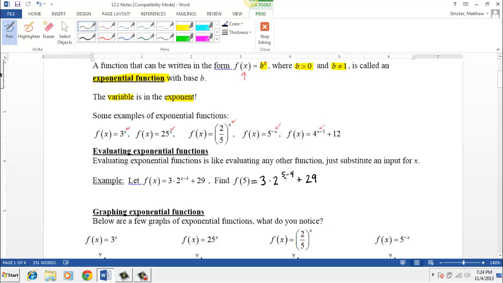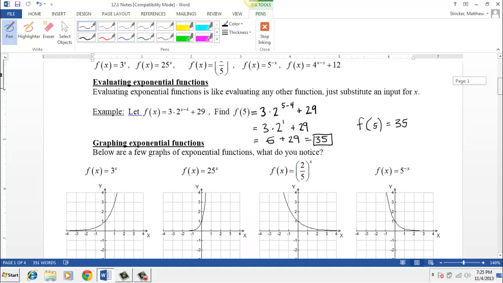We simplify the power first, so 5 minus 4 is 1, so this equals 3 times 2 to the first power plus 29. Of course, 2 to the first power is just 2, so this is 3 times 2, or 6, plus 29, which equals 35. So we just found that f of 5 is equal to 35. Or for this particular function, when the input is 5, the output is 35.